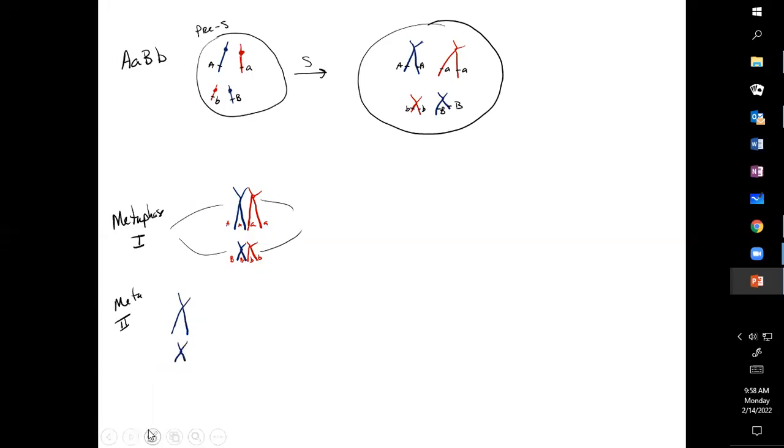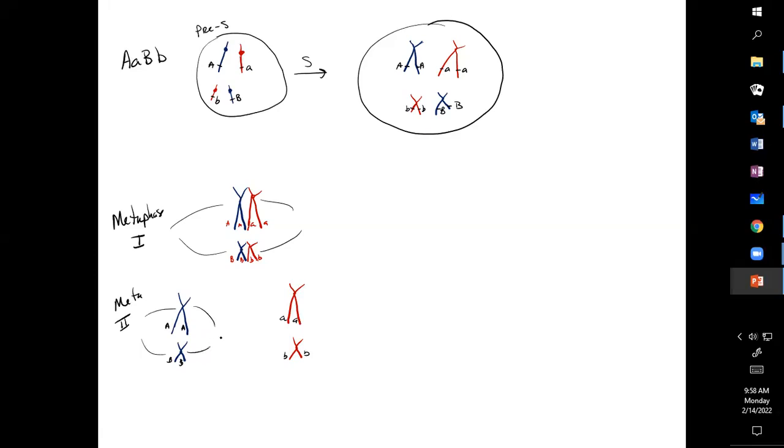And the other one's going to contain both of the maternal chromosomes. Let's put our alleles on each of these. So this one still contains the big A. We're putting crossing over on the back burner for now. Big B, little a, little a, little b, little b.